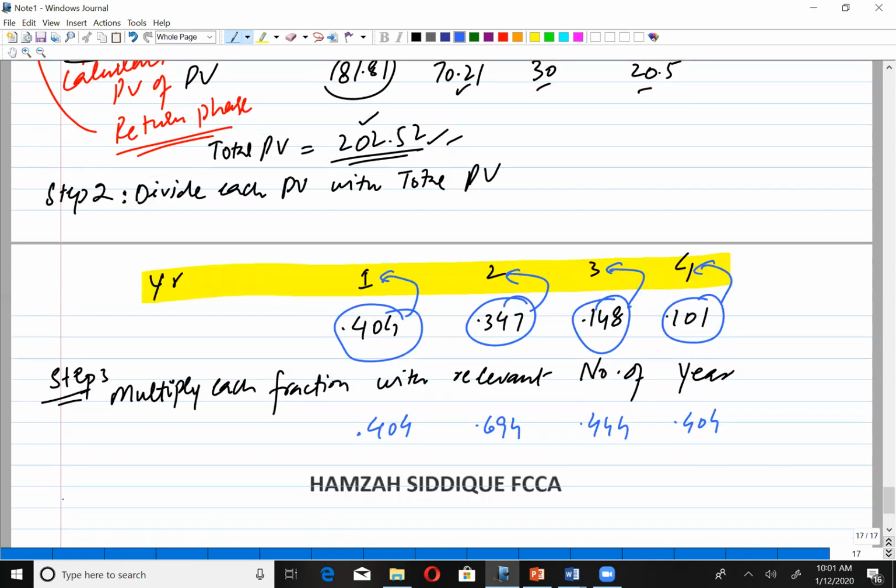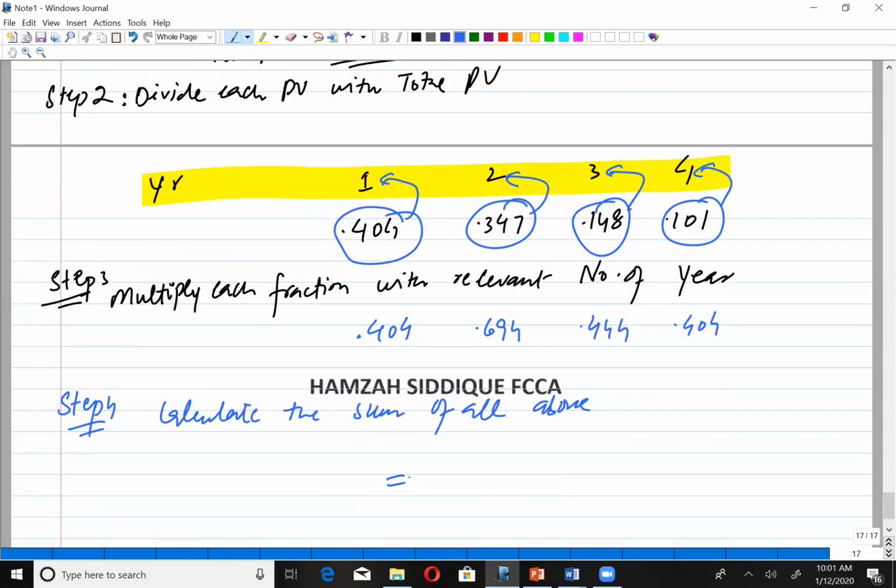Now, step number 4. Calculate the sum of all the above. Yes, sum of all: 1.946. This is the duration of the project.